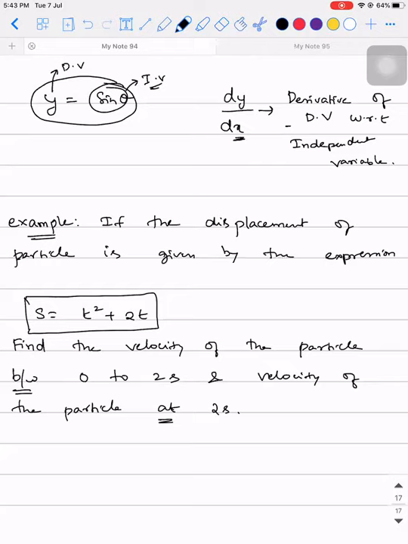So if displacement is known, what is the formula for velocity? V is equal to delta S by delta T, or ds by dt. Delta S by delta T is average. ds by dt is instantaneous. Now observe.